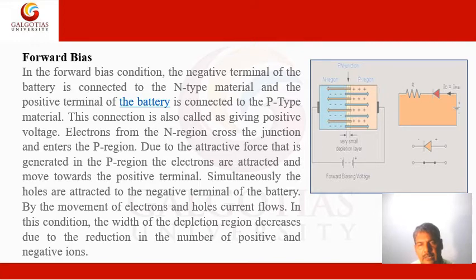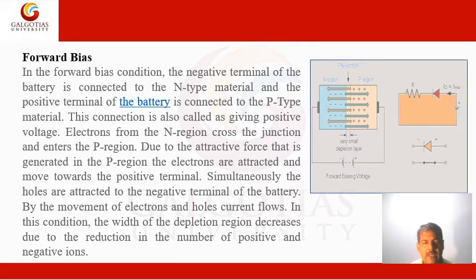Due to the attractive force generated in the p region, the electrons are attracted and move towards the positive terminal. Simultaneously, the holes are attracted to the negative terminal of the battery. By the movement of electrons and holes, current flows.